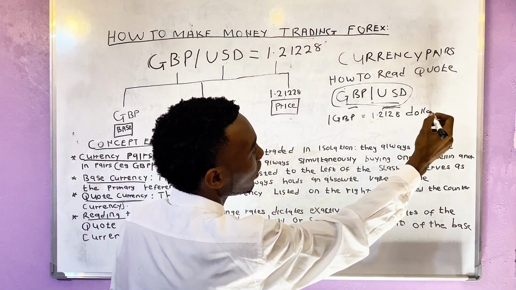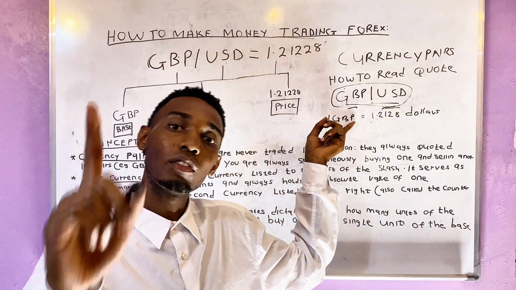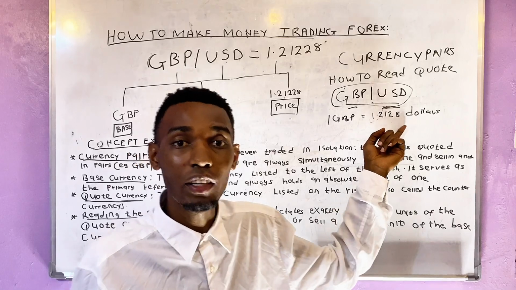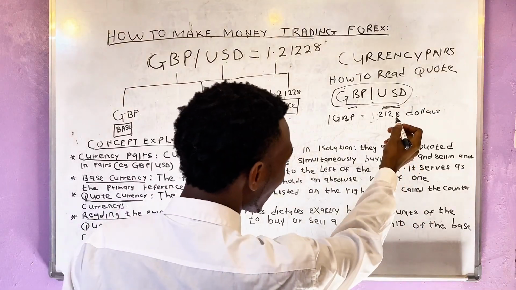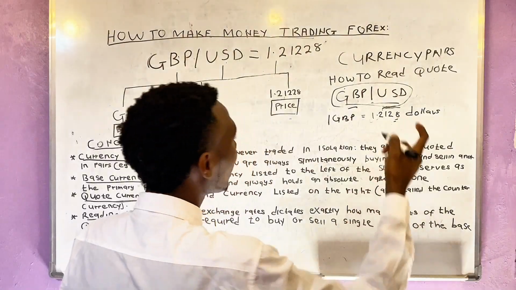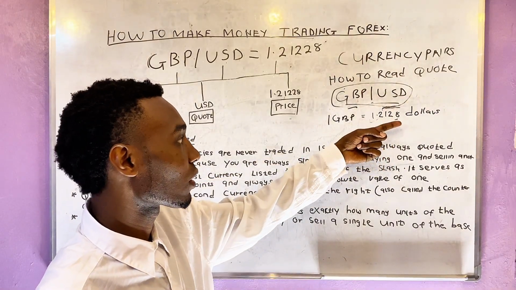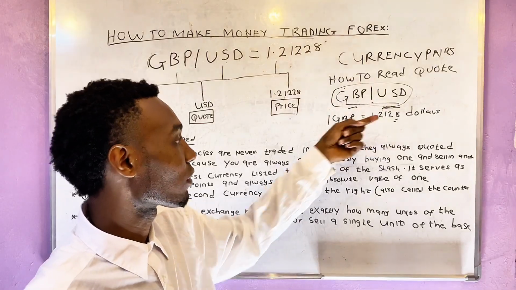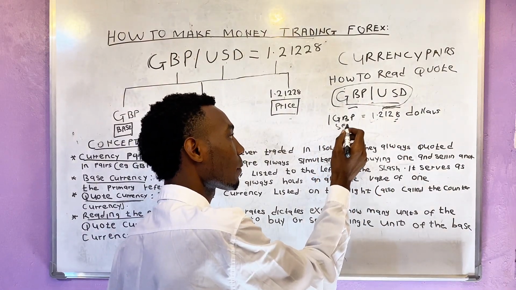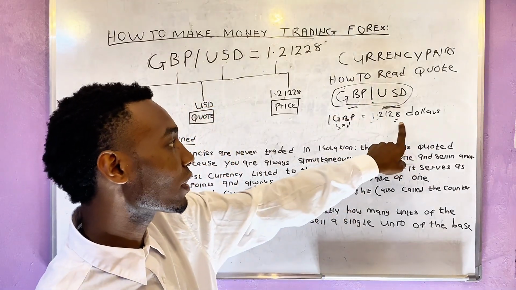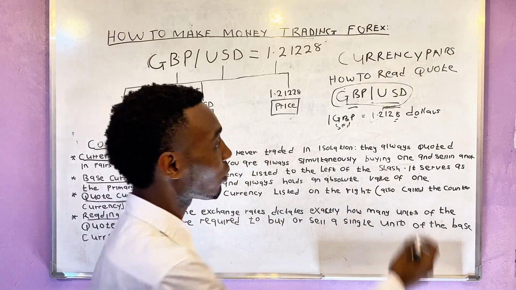Now I have to sell 1 pound. Each and every pound I sell, I will be given $1.2128. That is the price. If I sell the base, the pound, I get $1.21, meaning 1 pound equals this.